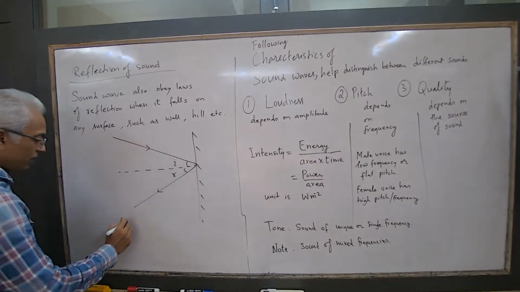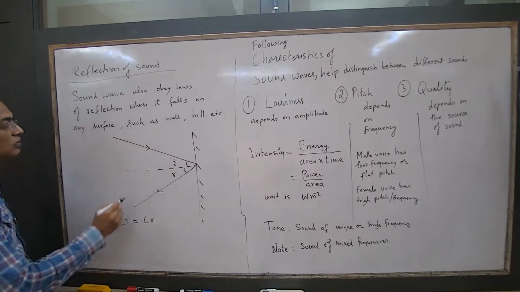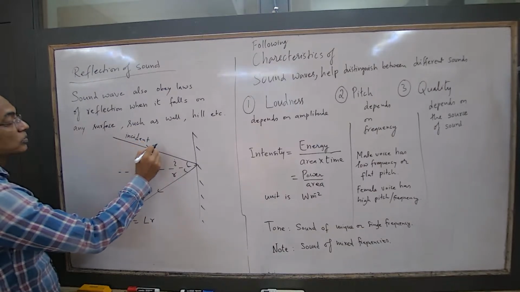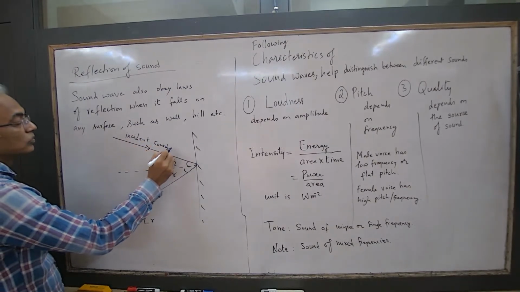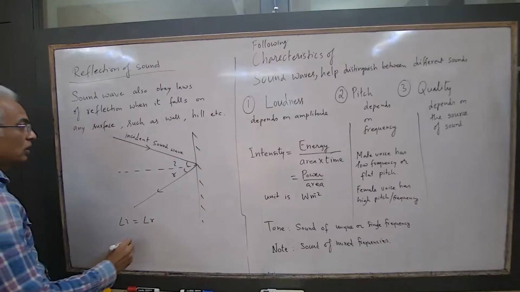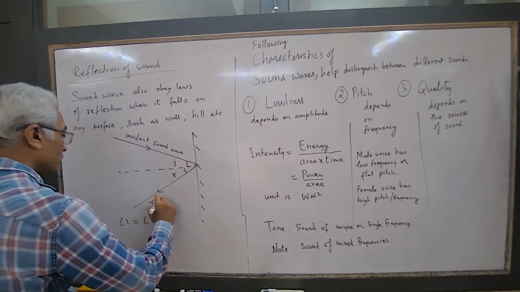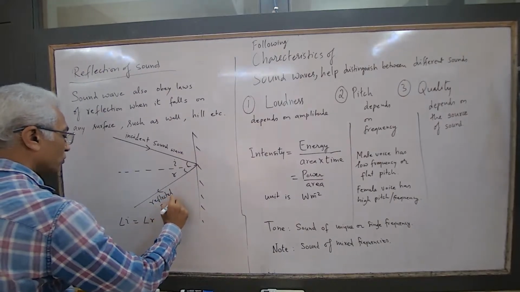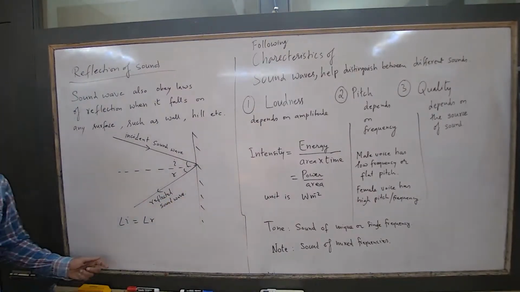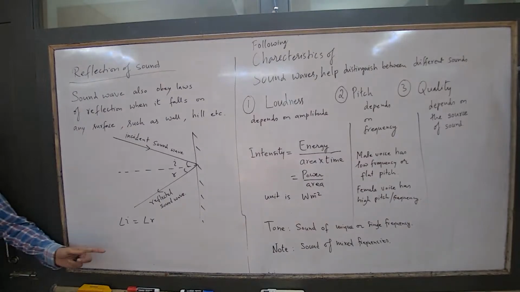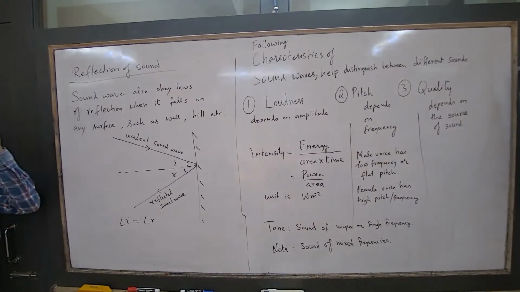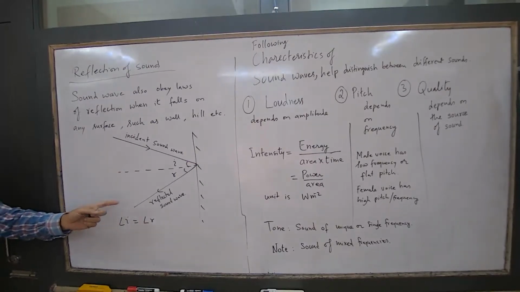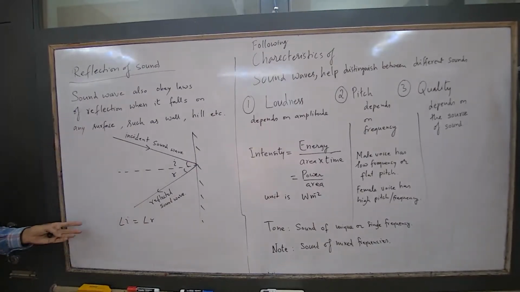So angle I will be equal to angle R. So this is the incident sound wave direction, and this is the reflected sound. So angle of incidence will be equal to angle of reflection. This is the law of reflection. And the incident wave, reflected wave and the normal line are in the same plane.